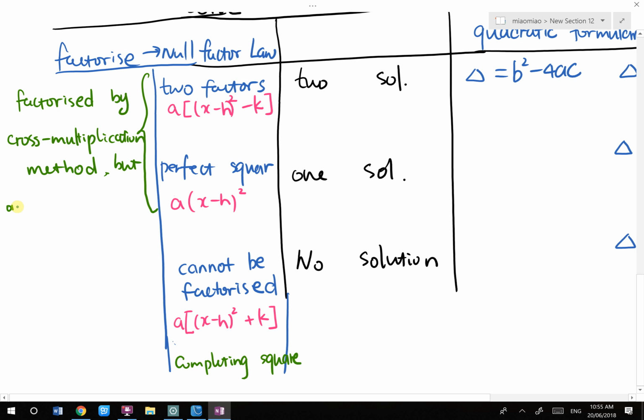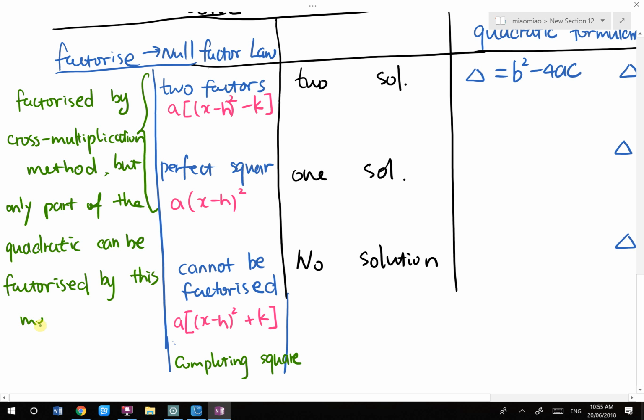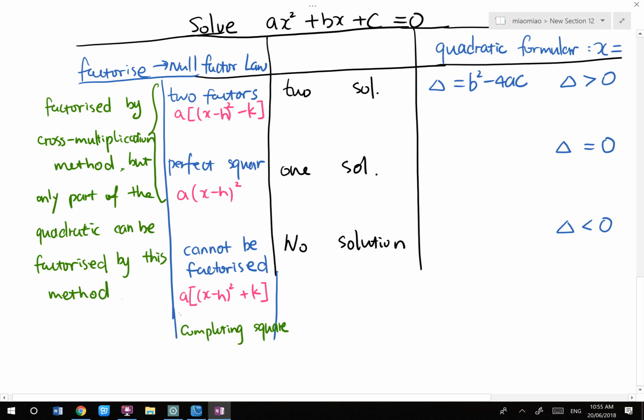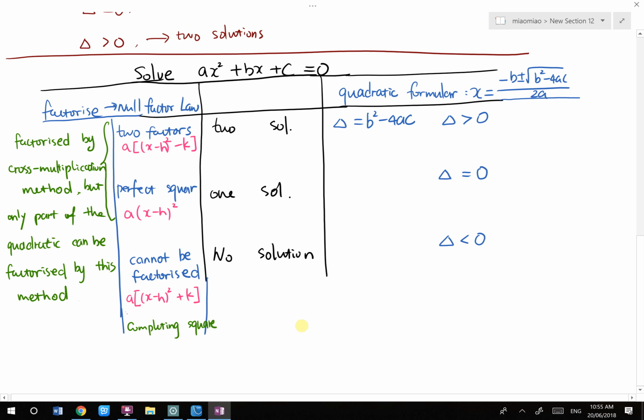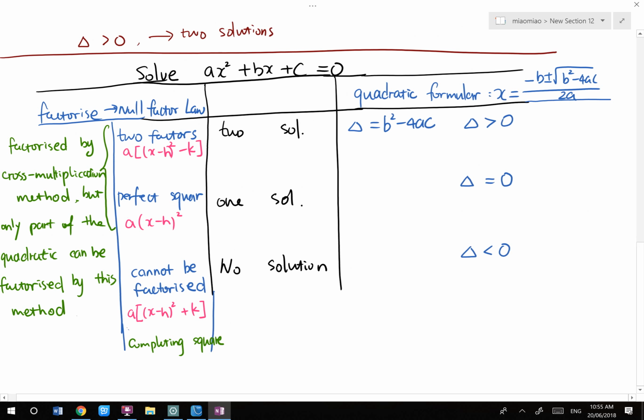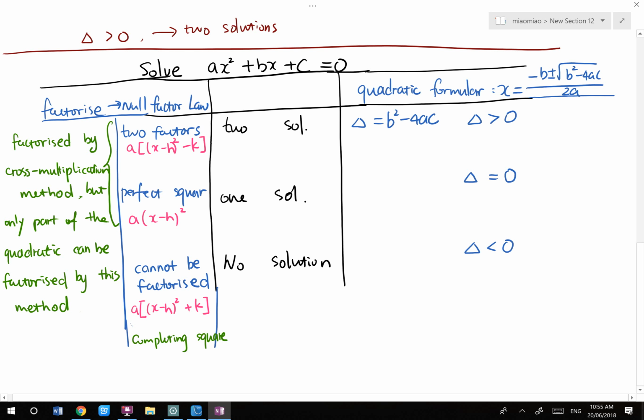But only part of the quadratics can be factorized by this method. Okay, so that is what it looks like to connect everything together.